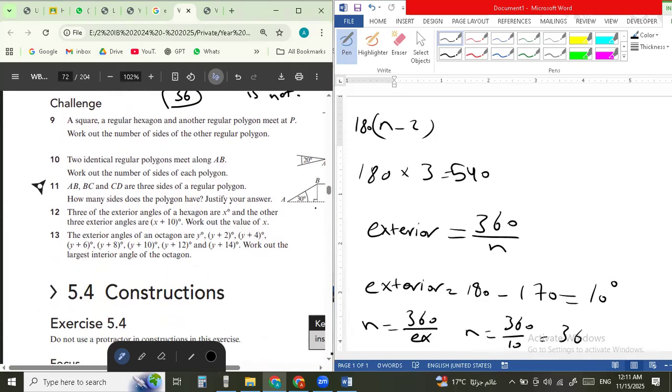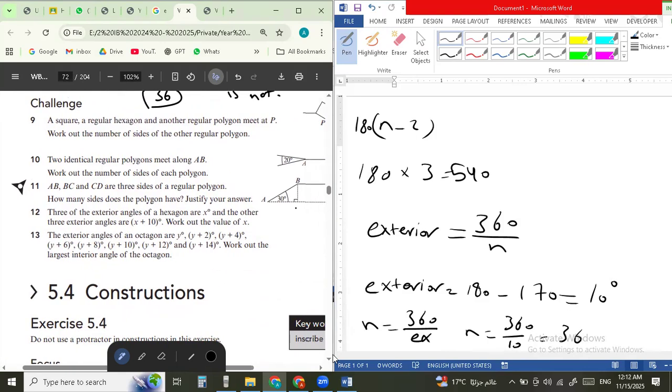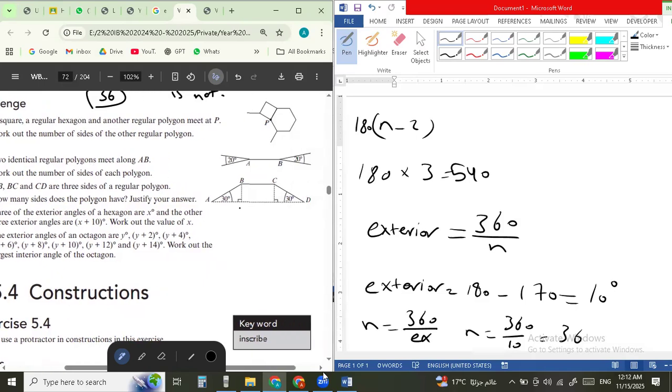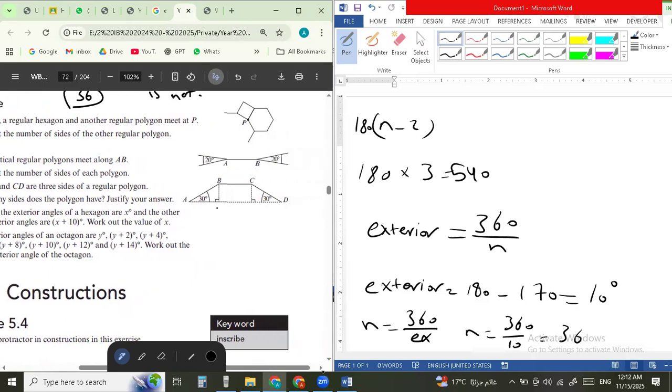Challenge: a square, a regular hexagon, and another regular polygon meet at P. Work out the number of sides of the other regular polygon. So they're saying that this is a square, which is 90 degrees, and what shape is this? 1, 2, 3, 4, 5, 6. That's a hexagon. So what is the interior angle of a regular hexagon? Let's do it.